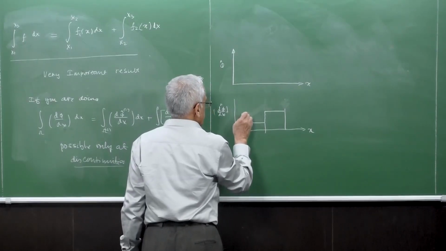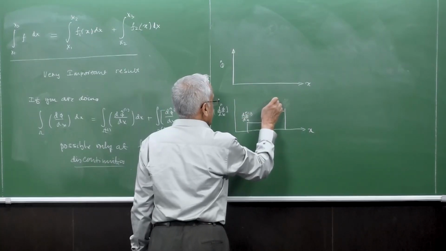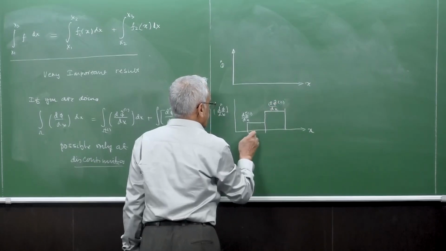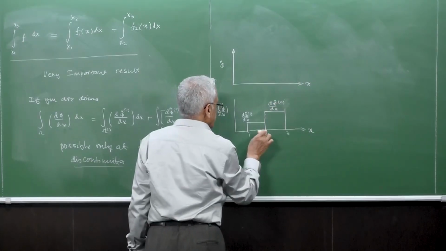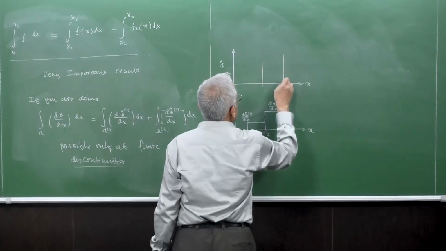In the first part you have dφ̂/dx of 1 and this is dφ̂/dx of 2, 1, 2, 3.